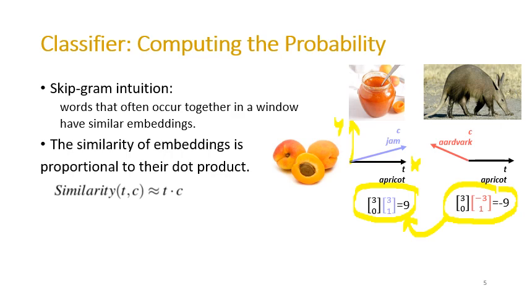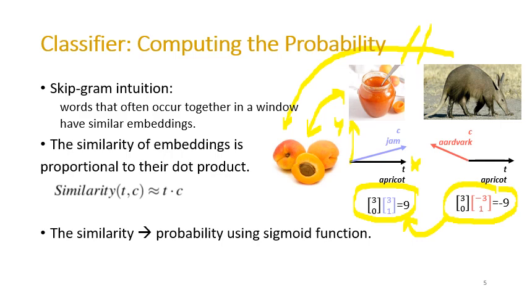This is the example of what we want. If jam is actually the context word of apricot, we want the vectors to be very similar. If aardvark is not the context word of apricot, then we want the vectors to be very dissimilar as well.